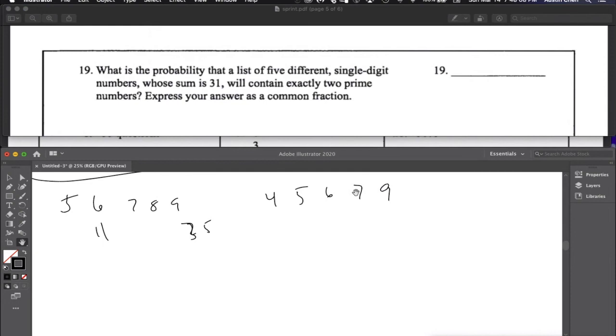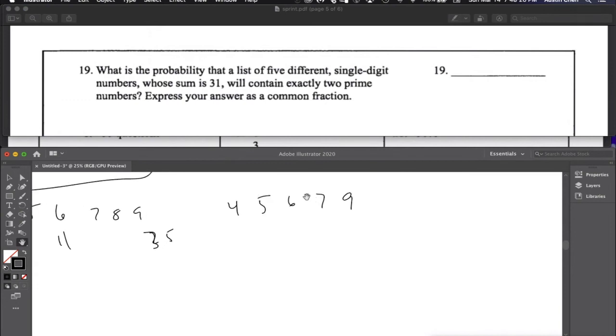Now we want to make our other lists that also have 5 different single-digit numbers and still sum to 31. What we can do is raise an integer by 1 and decrease another integer by 1, but we have to remember that our digits all be different.